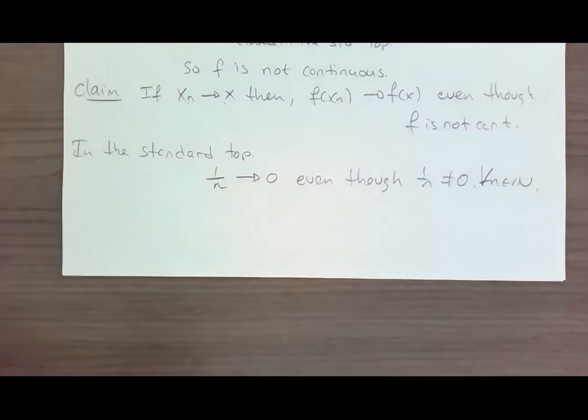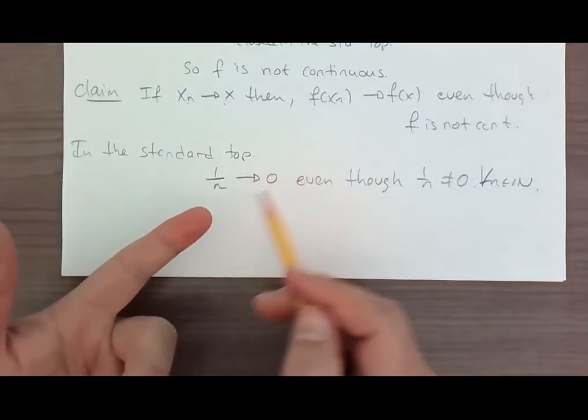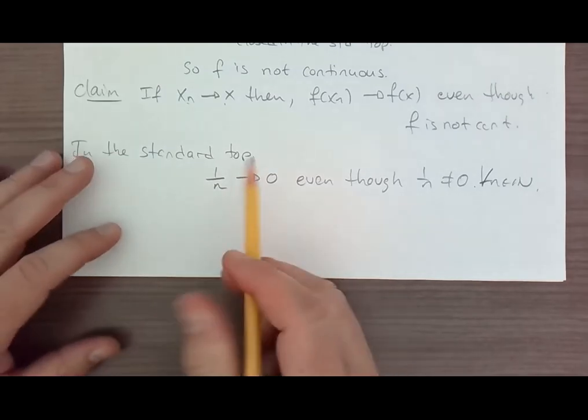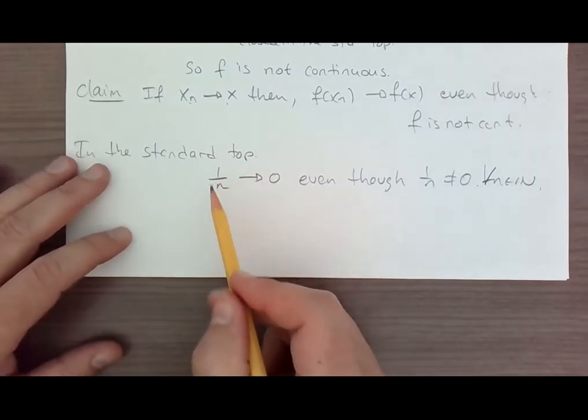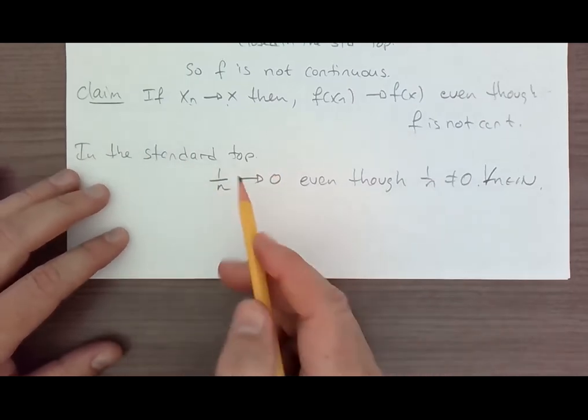This is a property that we're used to, and this implication here is underneath the hood. We're using open sets to describe this sort of convergence, and we've been used to this in the standard topology.